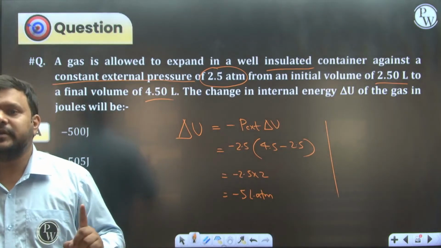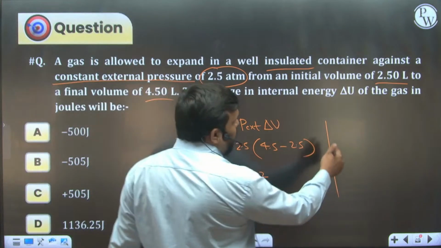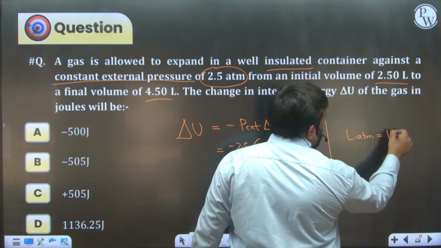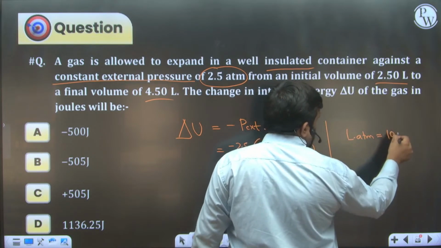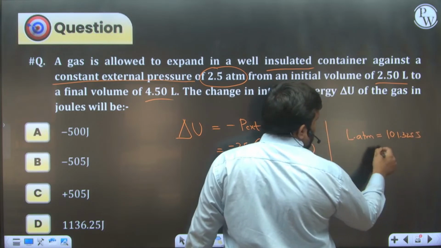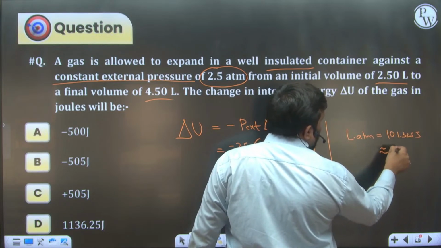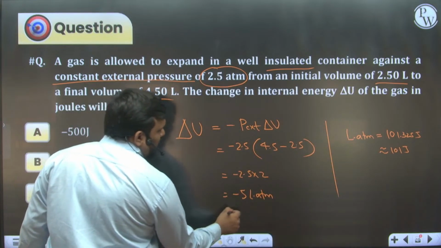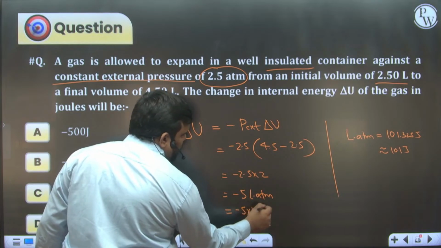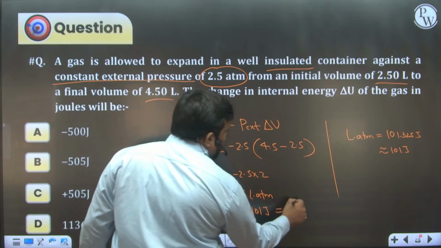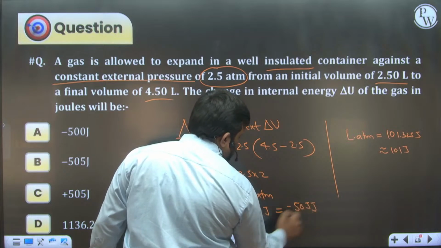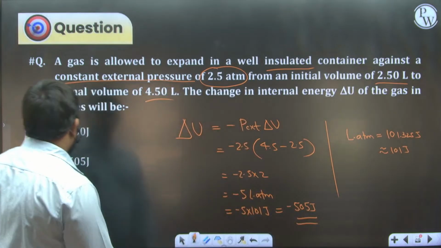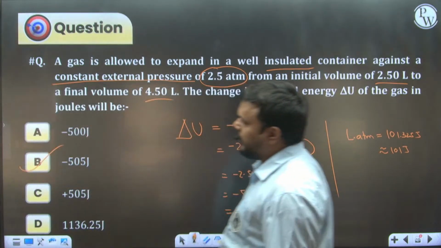We must remember, we already studied that 1 liter atm is equal to 101.325 joules, or approximately I am taking over here 101 joule for this question. So let us put the value, minus 5 into 101 joules. We are getting minus 505 joules as our answer. So B option we are getting over here.